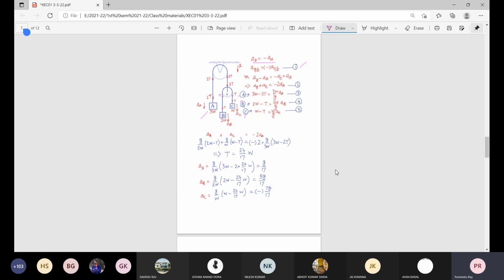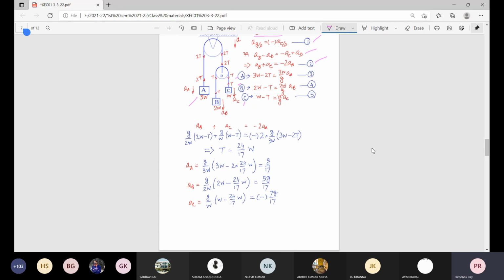So use this equation and this relation, there you will find AB plus AC is equal to plus twice AD, and that is minus twice AA, that is equation 2. And in equation 2, you replace these values of AB, AC and AA from equations 3, 4 and 5.